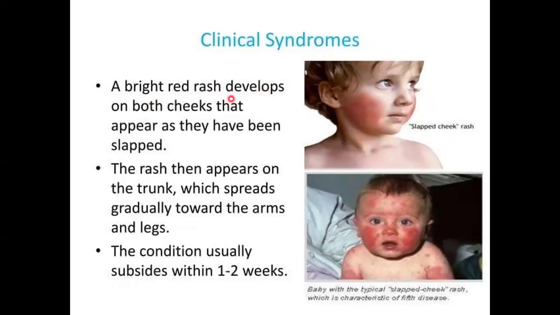A bright red rash develops on both cheeks that appear as if they have been slapped. Can you see here? The rash then appears on the trunk, which spreads gradually towards the arms and the legs. This condition usually subsides within 1 to 2 weeks. So have you understood this?